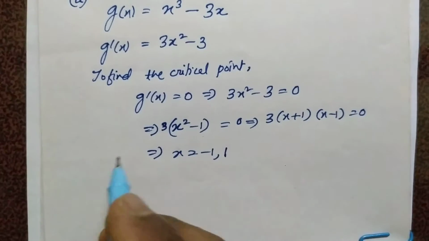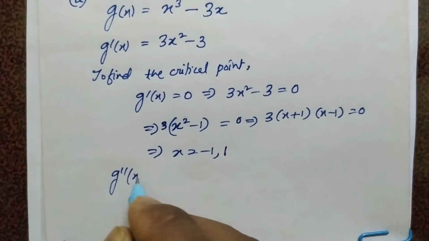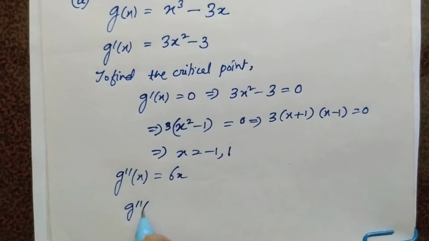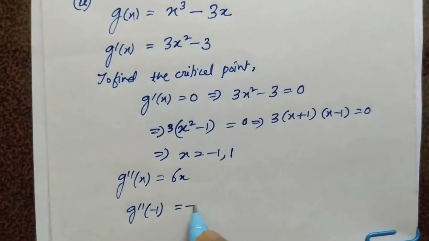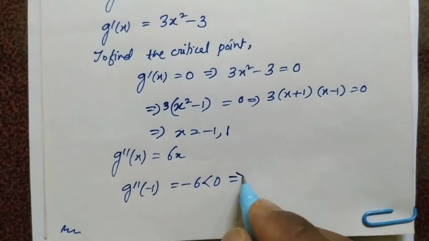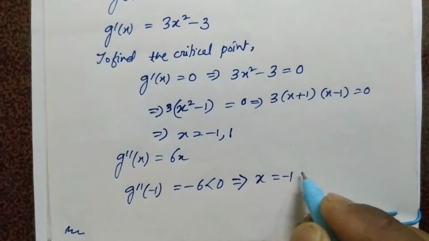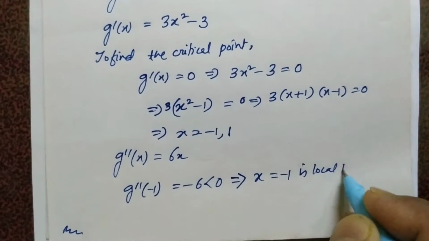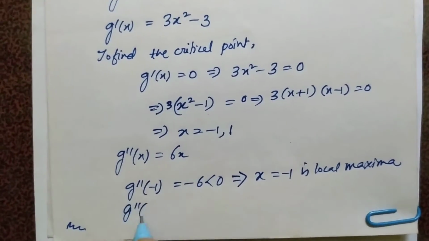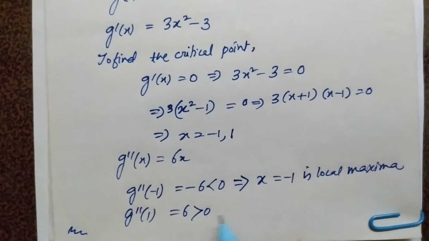Now we find the second order derivative, g double dash x, which is equal to 6x. So g double dash minus 1 is equal to minus 6, less than 0. So this would imply x equal to minus 1 is local maxima. Similarly, g double dash 1 is 6, which is greater than 0.